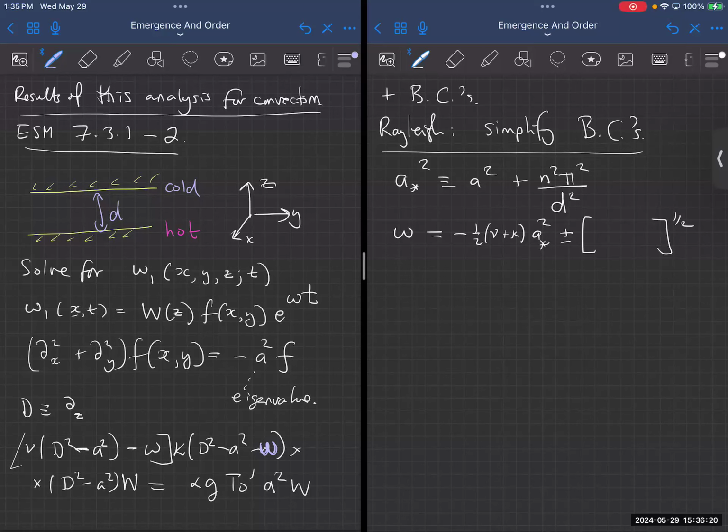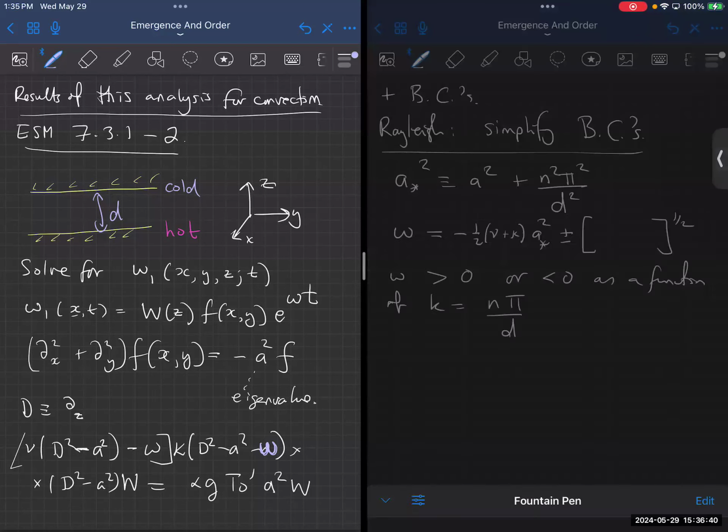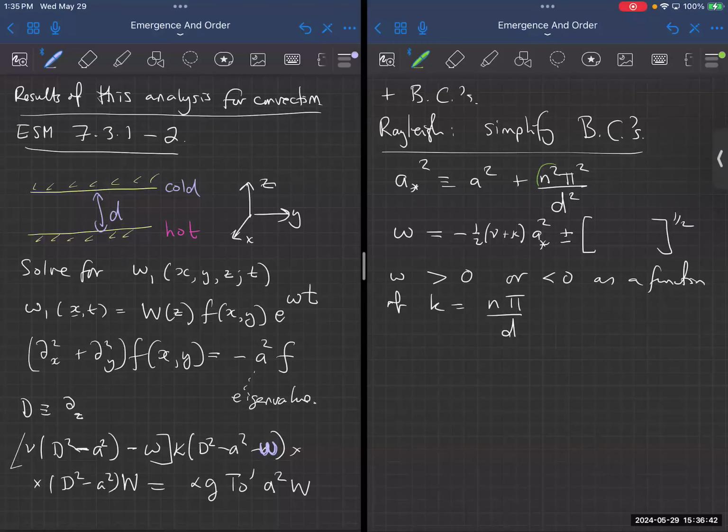So what you need to know is whether omega, or its real part, is greater than 0 or less than 0 as a function of k, and the k vector is n pi over d, and that n is the n that comes in over here, and then as a function of k, and then also a itself.